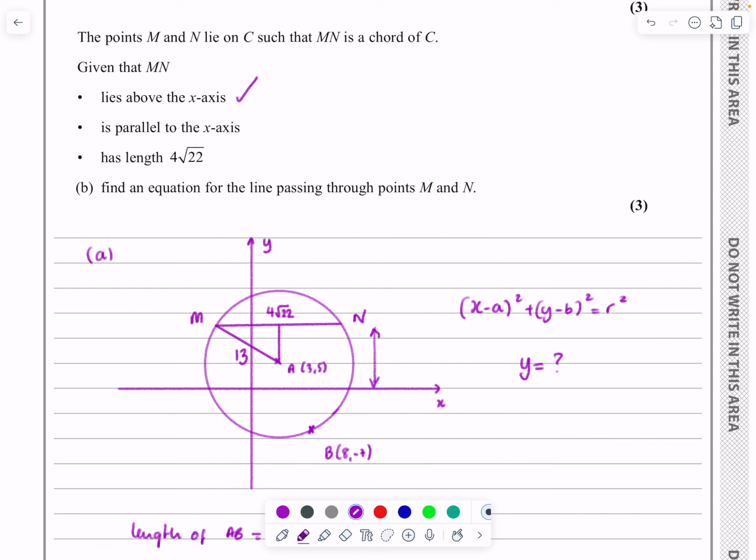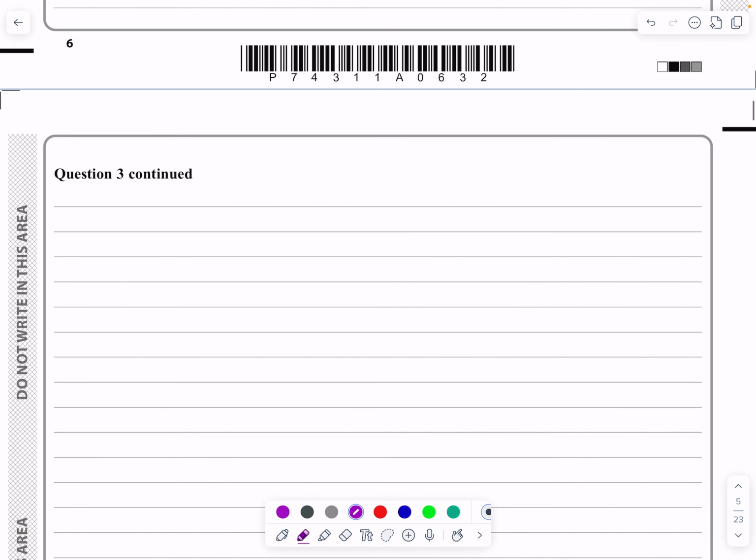If the length going all the way across is 4√22, then I can split that up into 2√22 and another 2√22. And now this triangle, I can just use some right angle trig to be able to work out what height h is there.